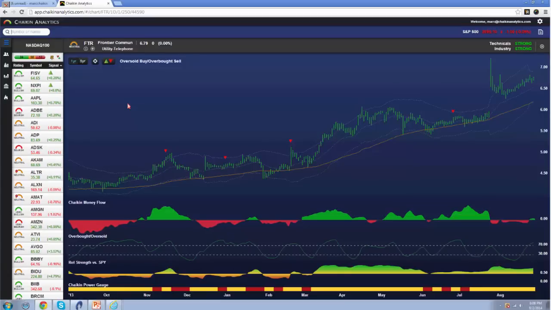Well, we actually have an iPhone app, which is free, which interfaces with the TradeMonster mobile trading capability. But this particular app, the desktop or the iPad, doesn't link to TradeMonster, but you can get the power gauge for free on the iPhone, and on Chaikin Analytics, it's called Chaikin Power Tools.